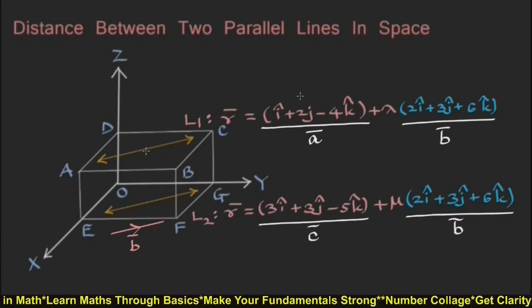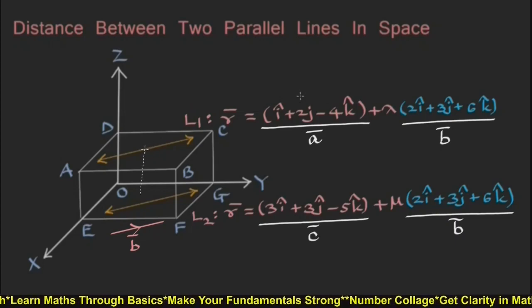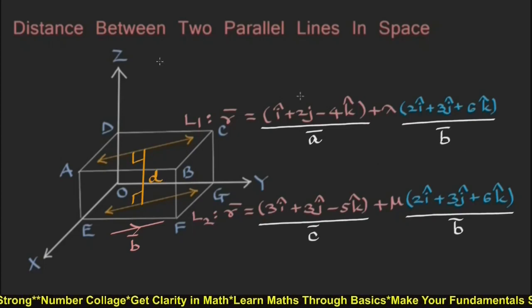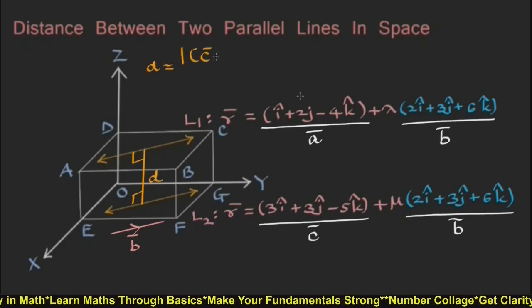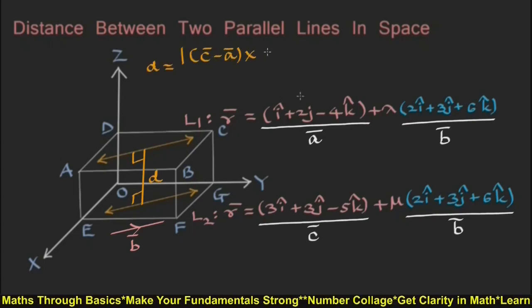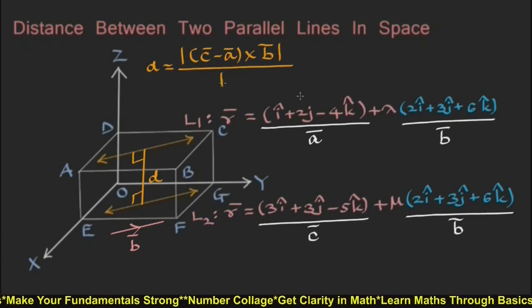Distance between L1 and L2 is length of perpendicular D given by mod c bar minus a bar cross b bar upon mod b bar.